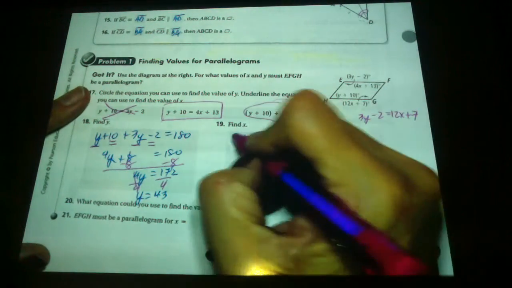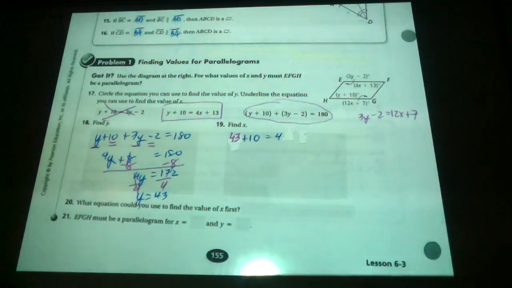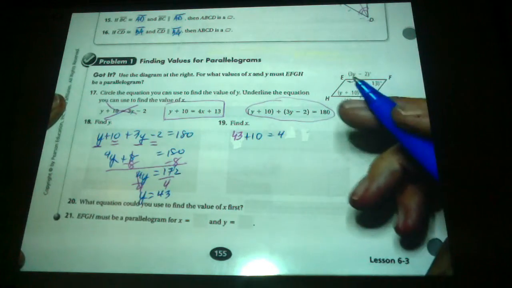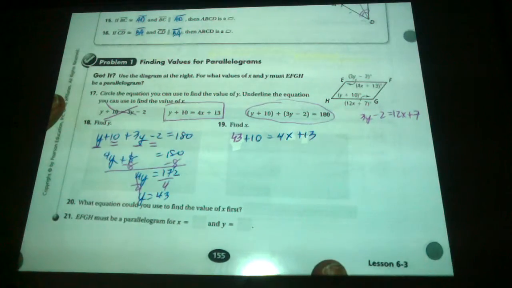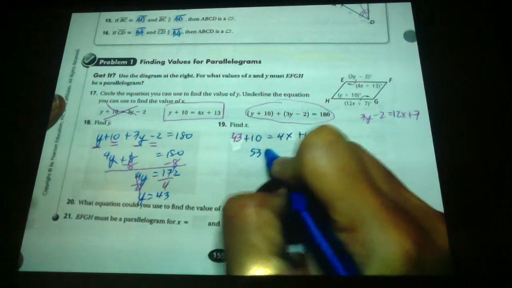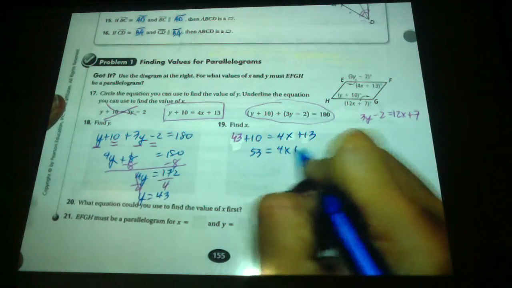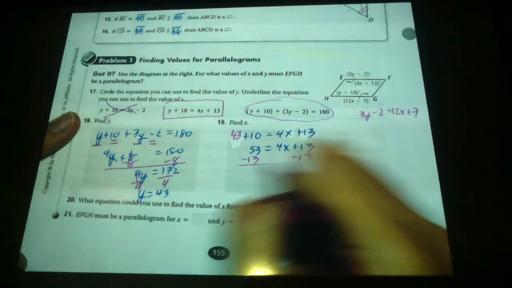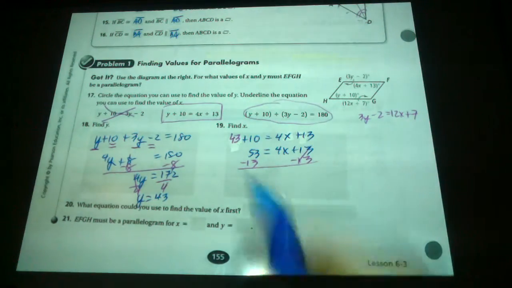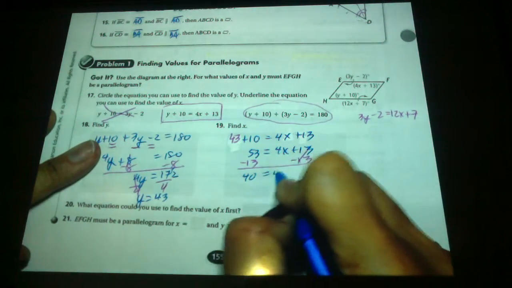So instead of y, I'm going to replace that with 43. And I'm for x plus 13. So 43 and 10 is 53. Subtract your 13. You get 40. What does x equal?